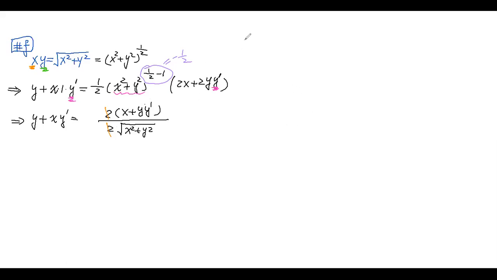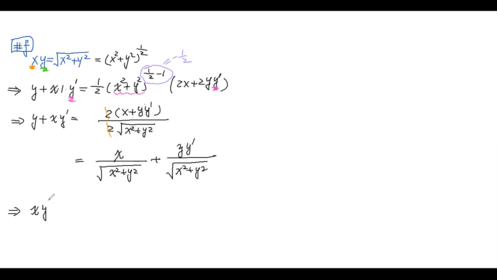Now I need to use the same skill. I need to separate this fraction into two so I can combine the y prime. So this will be equal to x over the square root of x squared plus y squared, plus y over the square root of x squared plus y squared, times y prime. So far so good. Okay, I move the y prime to the left-hand side.